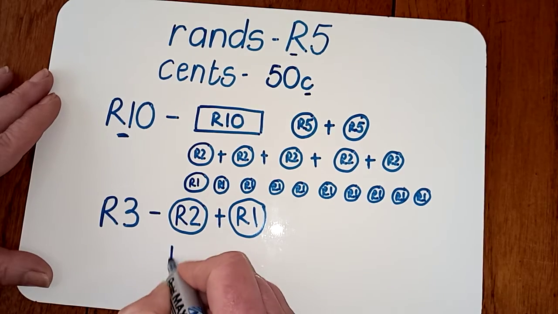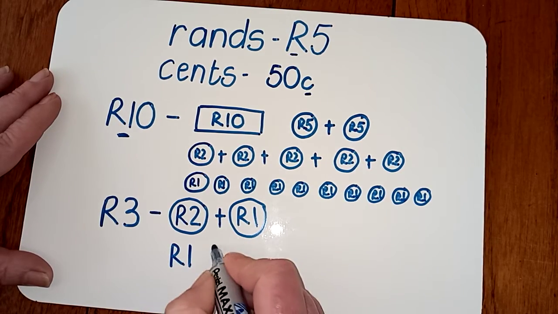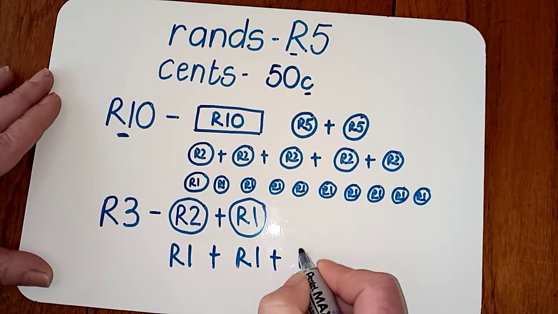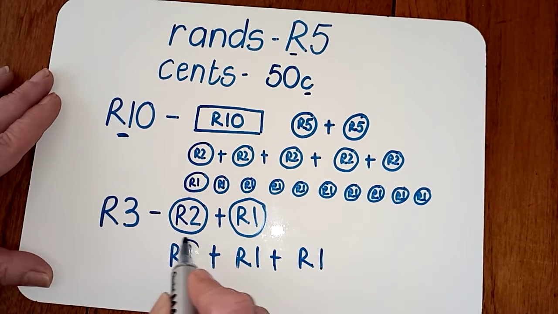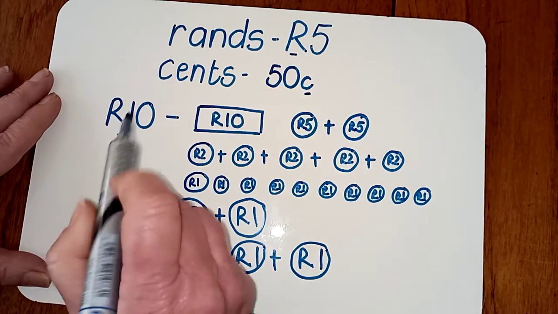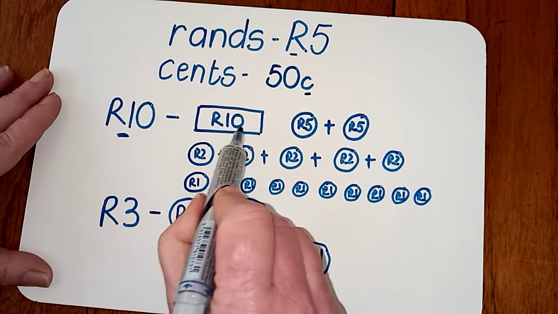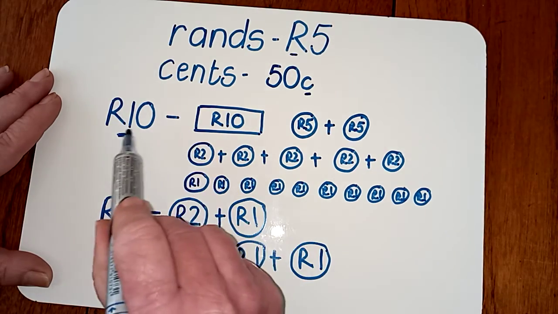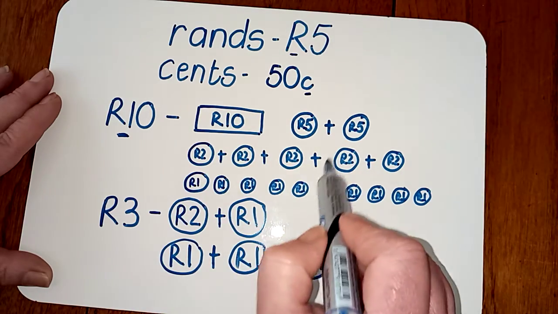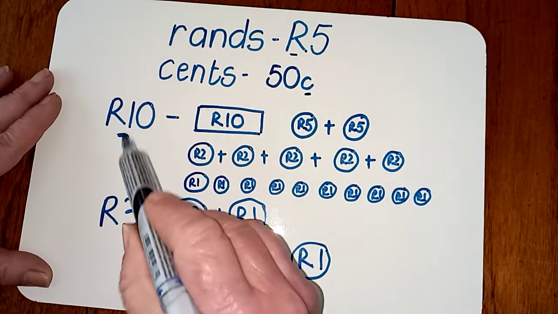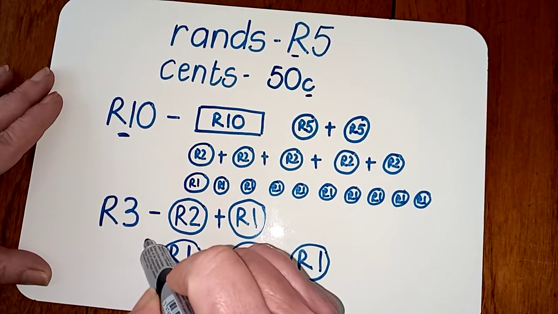Or I could have 3 1 rands. So you can pay prices for things that we don't have the exact money for, the exact coins or the exact paper money, but you can make it up.